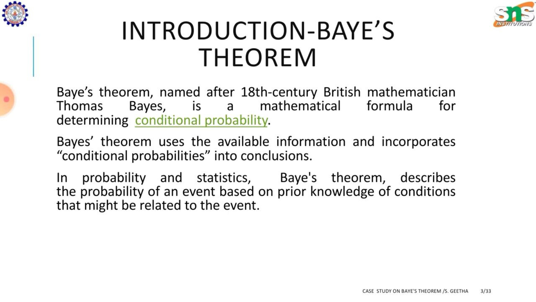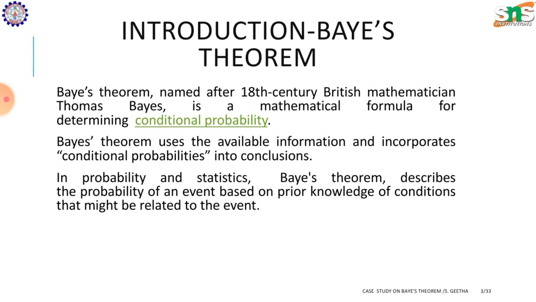Bayes' theorem, named after the 18th century British mathematician Thomas Bayes, is a mathematical formula for determining conditional probability. Bayes' theorem uses the available information and incorporates conditional probabilities into conclusions.